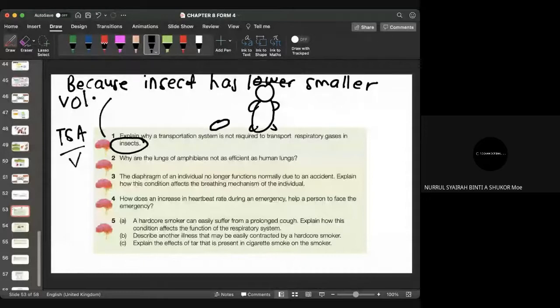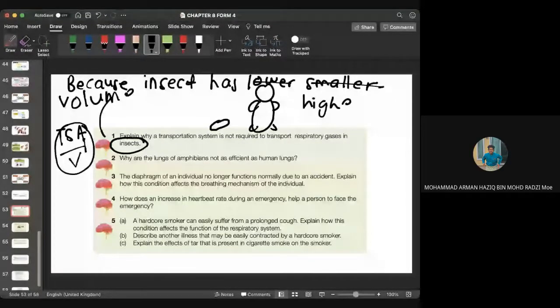Yes. Tak, kalau smaller, you kena cakap higher lah. Kalau nak cakap total surface area over volume, you kena cakap insect has higher total surface area over volume as compared to kita. Kalau you nak cakap has lower, kena cakap has lower volume as compared to kita. Faham? Faham. Okay.